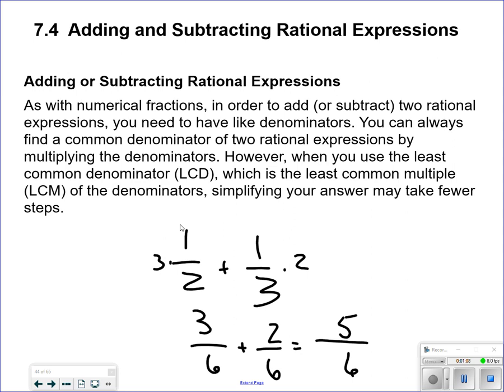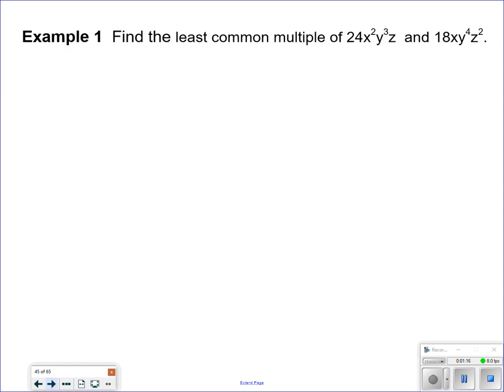So again, we have to come up with the common denominator, and simplifying your answer may take fewer steps if you can come up with the least one. So what would the least common multiple be for 24 and 18? Now, that is a little bit more complicated. I need to come up with the number that I can get from each of them, and sometimes it's easier to start by coming up with ways to get that.